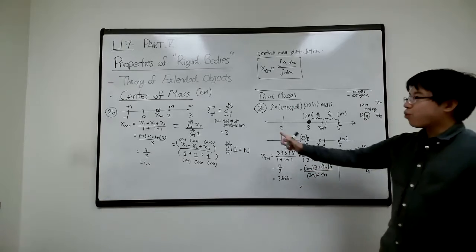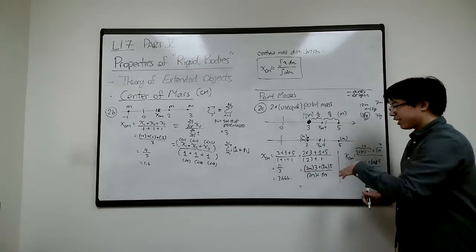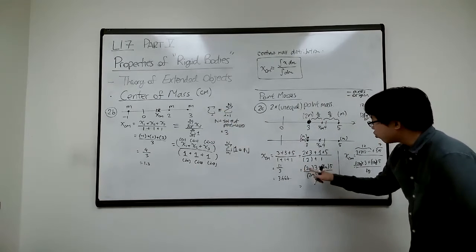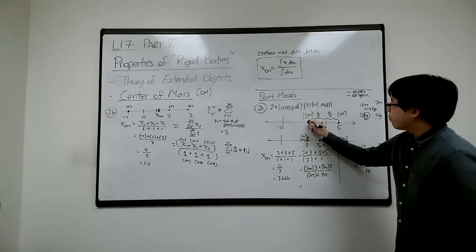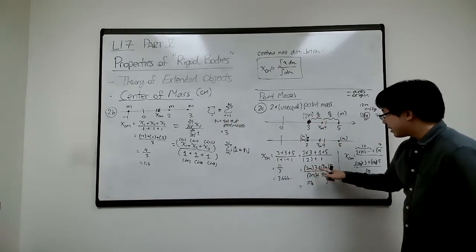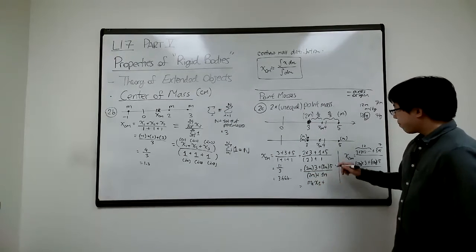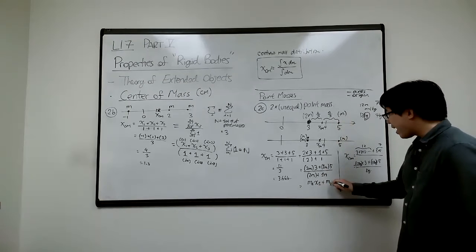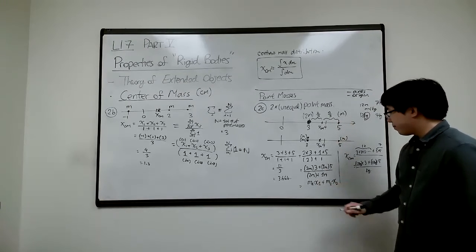Now I want to generalize into a formula so that I can use every time, and I don't have to sort of think through the logic every time, and I can just blindly use the formula. And where does 2m come from? Well, 2m is the mass of the first object, right? So it's the mass of the first object times the position of the first object plus the mass of the second object times the position of the second object, right?